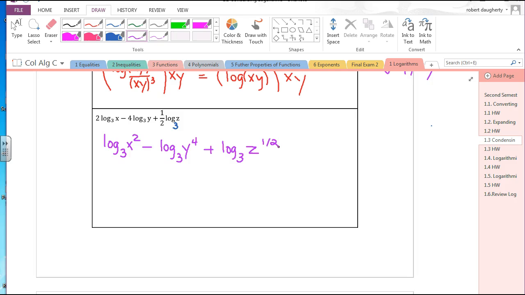Y to the 4th. Okay, so this is going to be the log base 3 of x squared z to the 1/2 divided by y to the 4th. Okay. Pretty straightforward, isn't it? Okay.